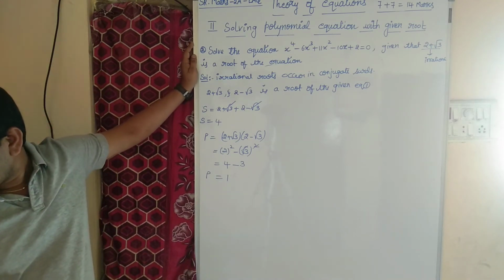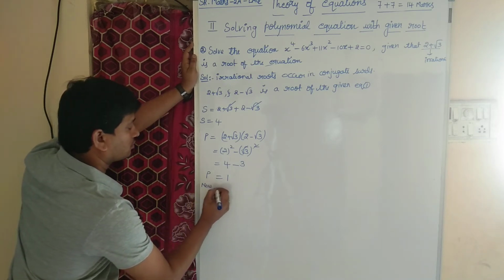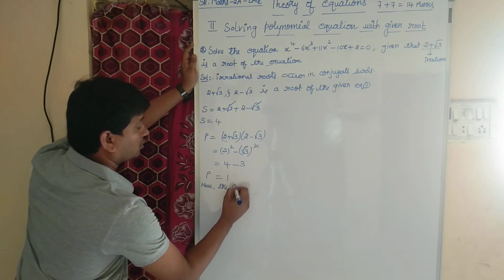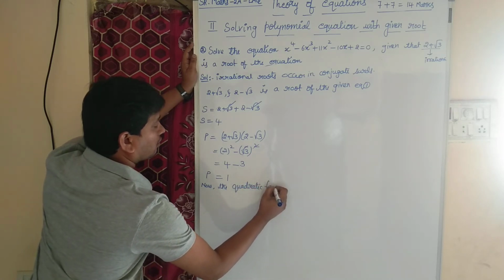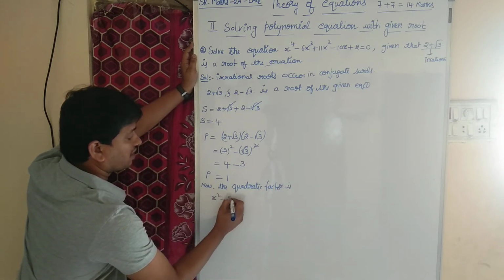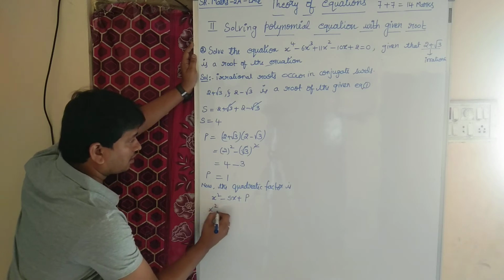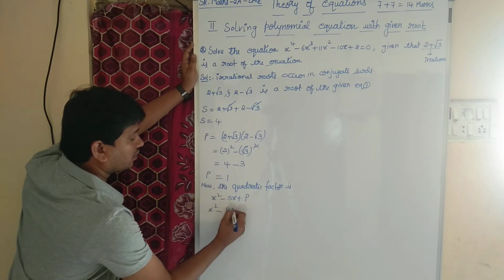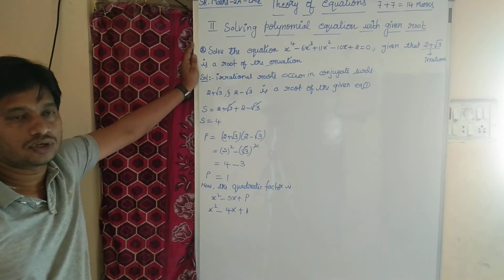Right? We got it. Now the quadratic factor is x square minus Sx plus P. So x square minus 4x plus 1, since S is 4 and P is 1. So now what do we have to do?